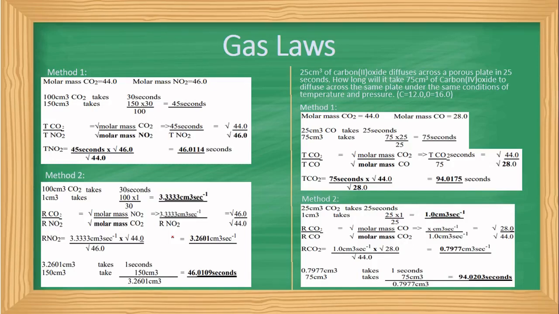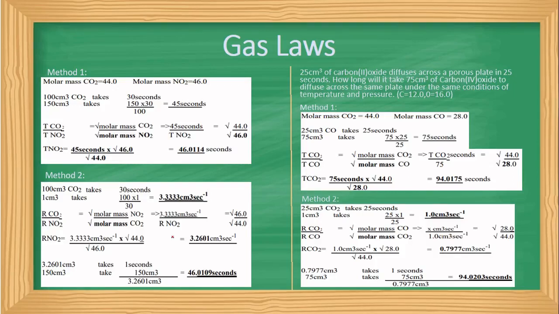So now you can use the rate. You say rate of carbon 4 oxide divided by rate of carbon 2 oxide is equal to the square roots of the molar masses. You divide the one of carbon 2 oxide with that one of carbon 4 oxide, and if you do your calculations, you'll find that the rate of diffusion of carbon 4 oxide will be 0.7977.